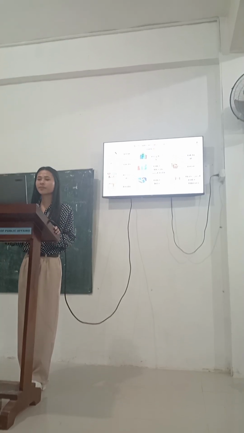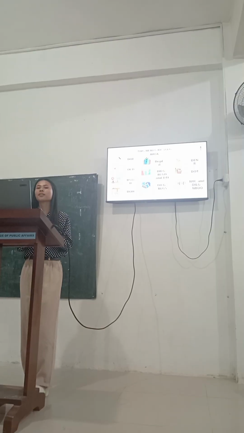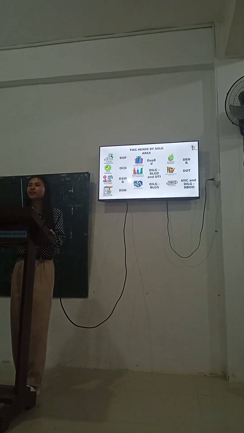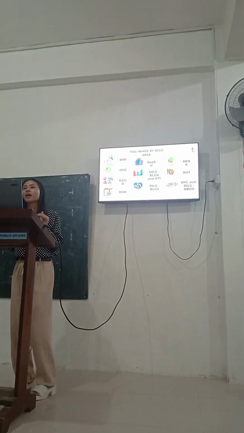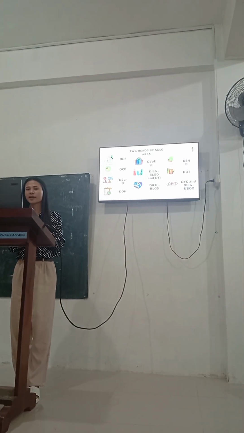Then disaster preparedness, for which the responsible agency is the Office of Civil Defense, to assess if LGUs are ready for disasters or calamities like earthquakes or typhoons, and if they have accessible evacuation centers in their area.